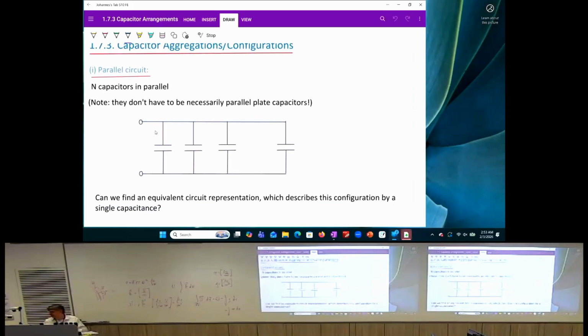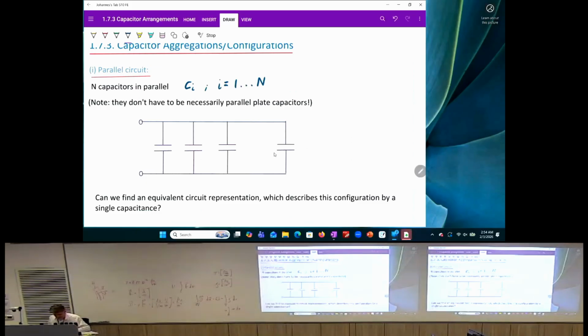You see a circuit representation of a number of capacitors. This is capacitor 1, 2, and so on till you have here capacitor n. So we have n capacitors in parallel. These capacitors are named C sub i, and we have the i running here from 1 to n.